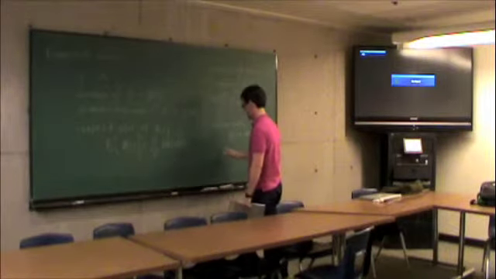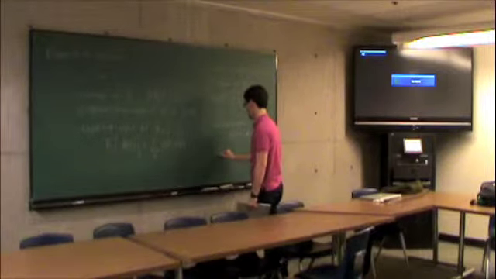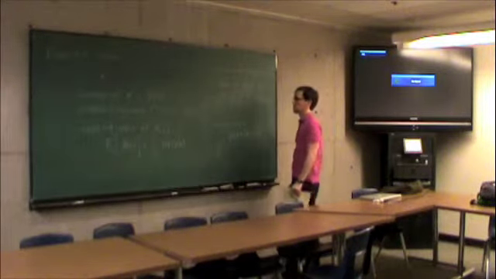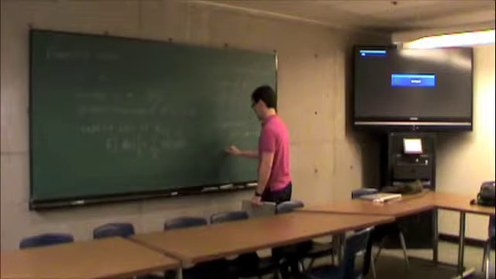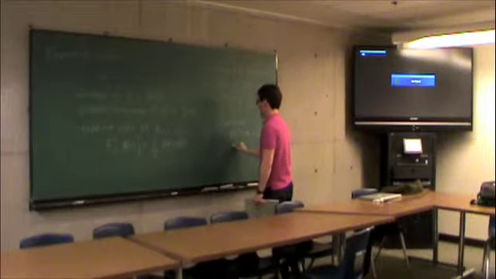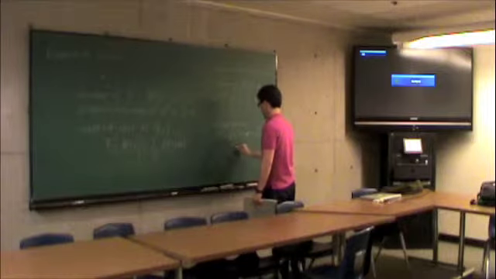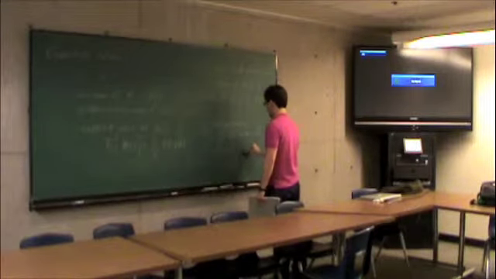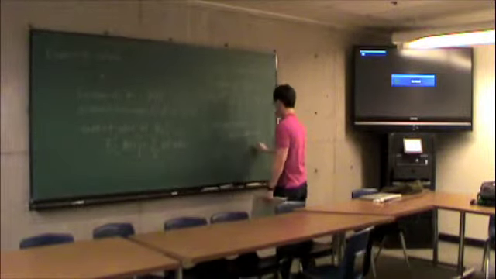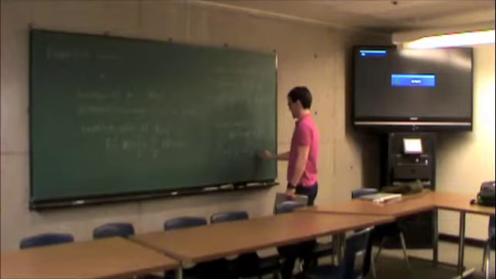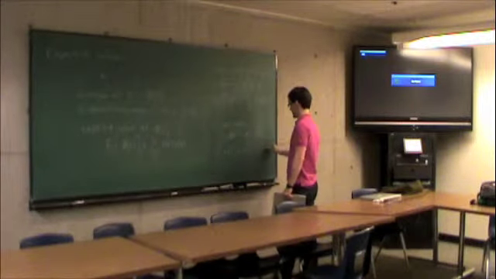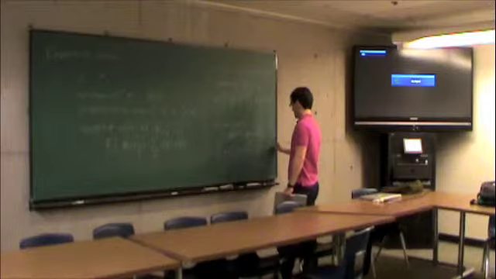And let's give this the symbol, for complicated reasons, sigma squared x. This is equal to the expected value of x minus mx squared, which is the sum over x of x minus mx squared p of x.